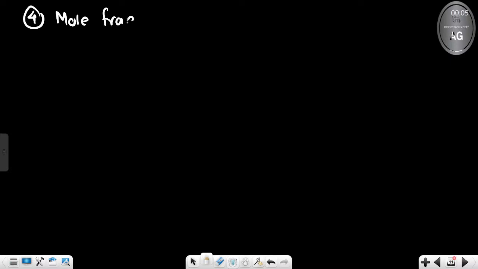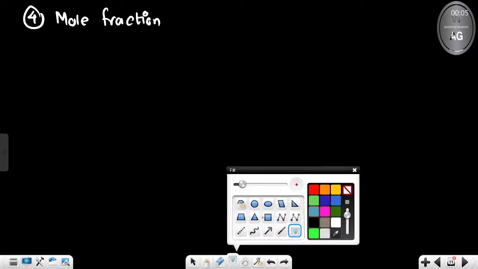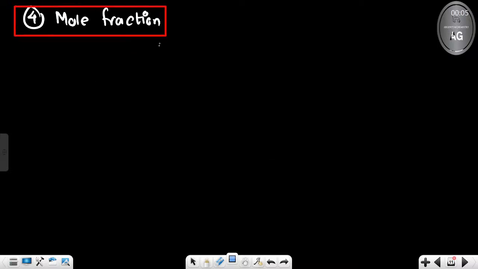Okay, mole fraction. First tell me, what is the meaning of the word fraction? What is fraction? Fraction is a part of something.